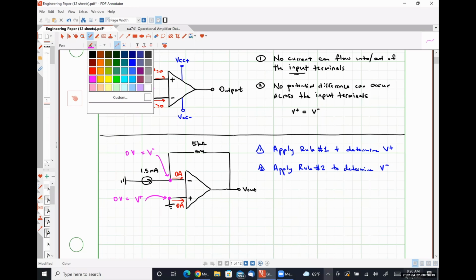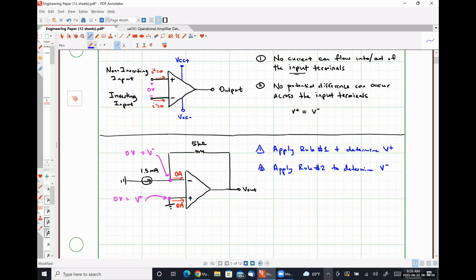So since we have a resistor in our feedback path by itself, we are going to apply, here's number 3, KCL at the inverting input node and solve for V out.